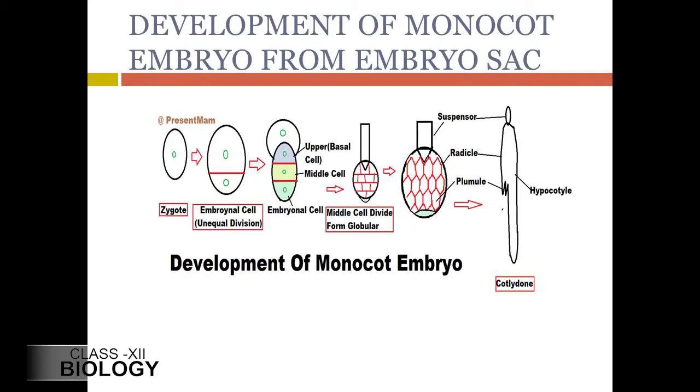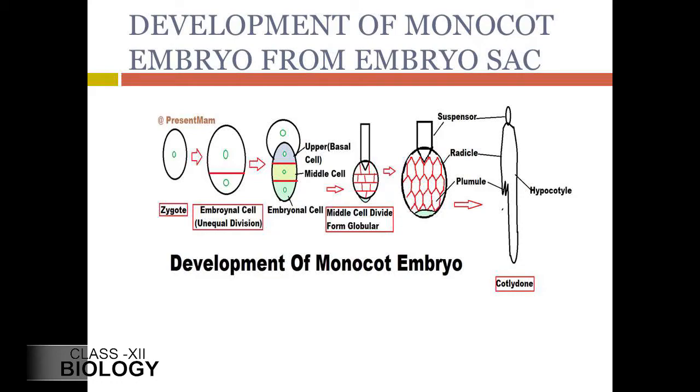Now we go for a quick recapitulation. I started with the dicot embryo, but now I'll start with the monocot embryo. We see a zygote is formed in a monocot plant. Then the zygote goes for embryonal cell division, an unequal division. After it, three cells are formed: the upper basal cell, the middle cell and the lower embryonal cell. Of the three cells, the middle cell is active.